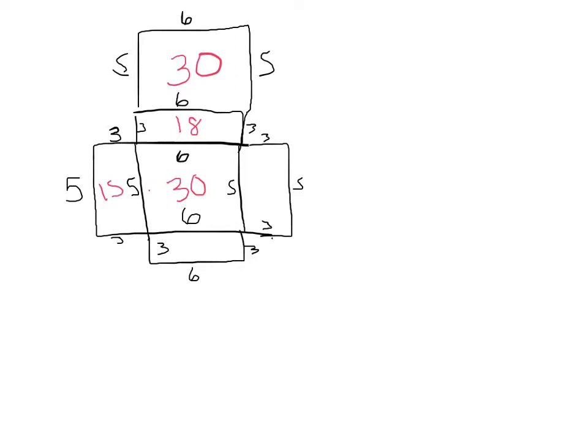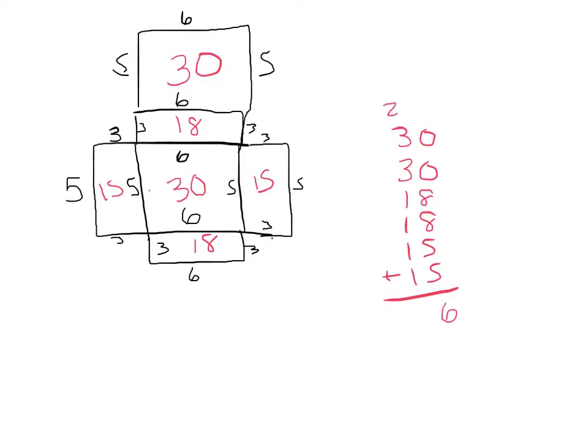Outside would be 15, this would be 15, and this would be 18. I would need to add these all up together. If I were to add these all up, I would have 116, and it'd be square units.